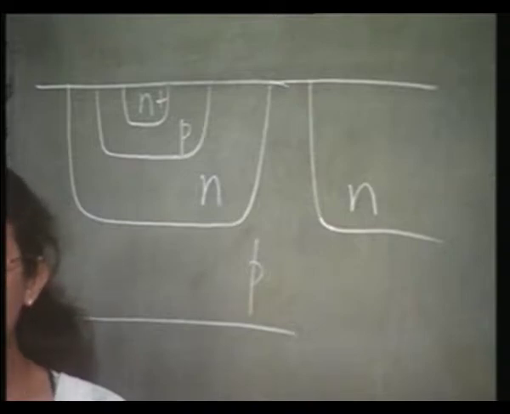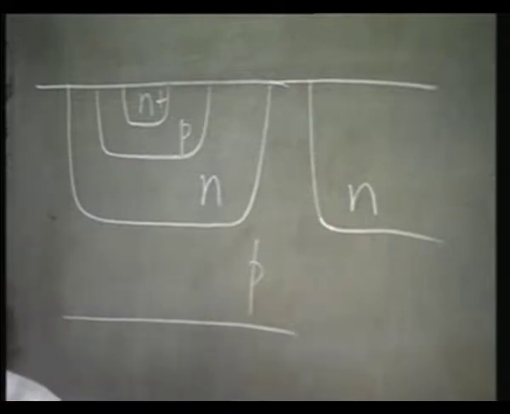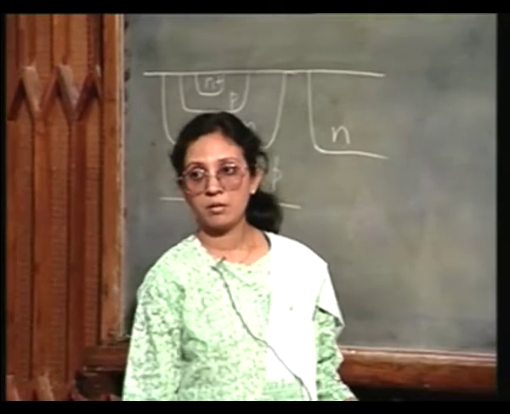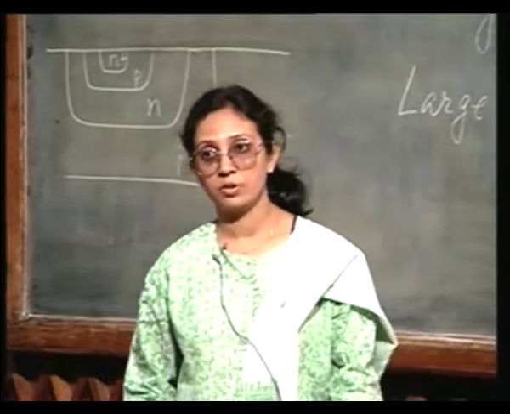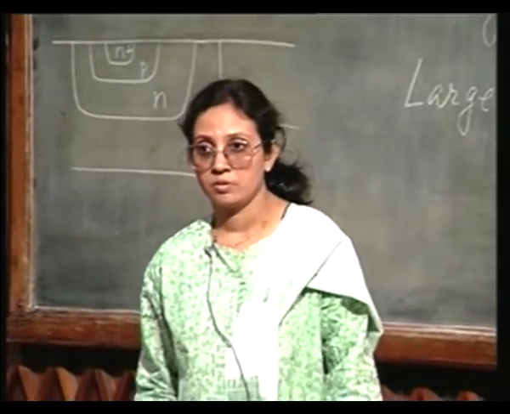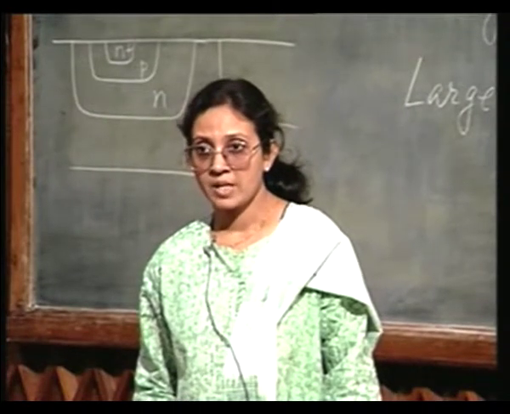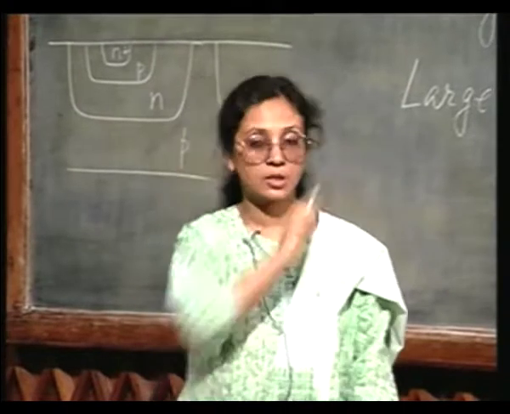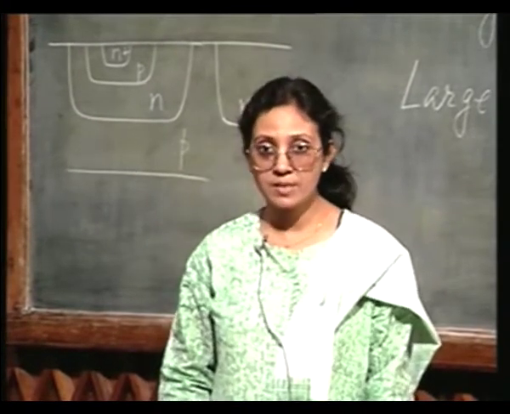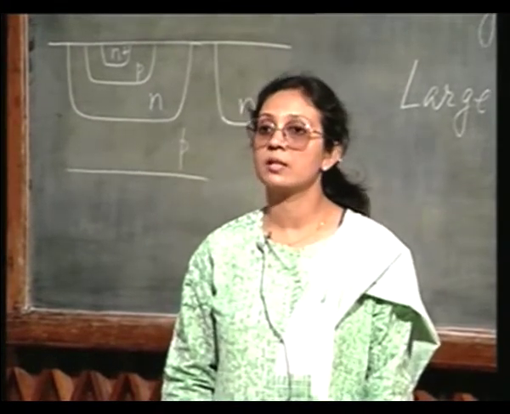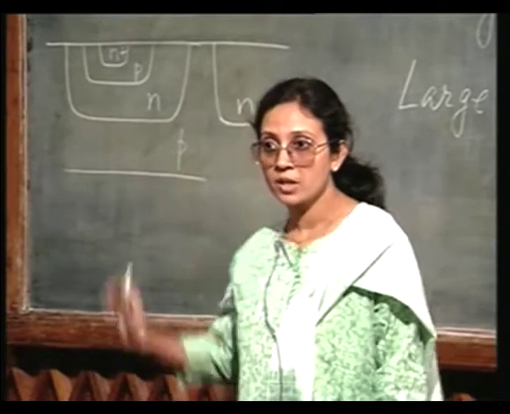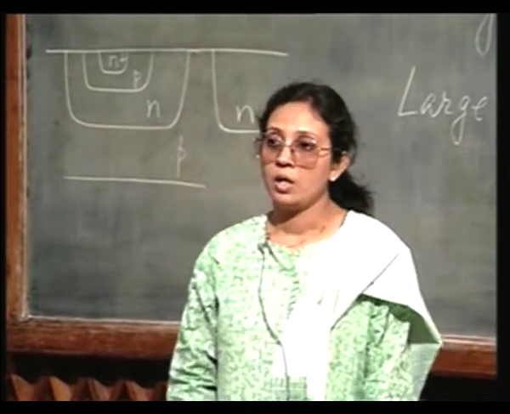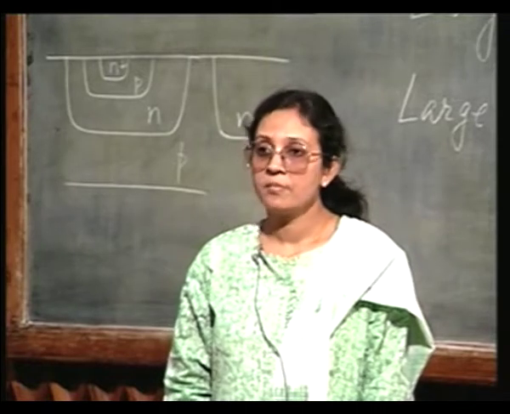I do not have to have this large p isolation diffusion. Because this p isolation diffusion in this particular case had to be very deep, it resulted in a considerable lateral spread, so you could save some area.